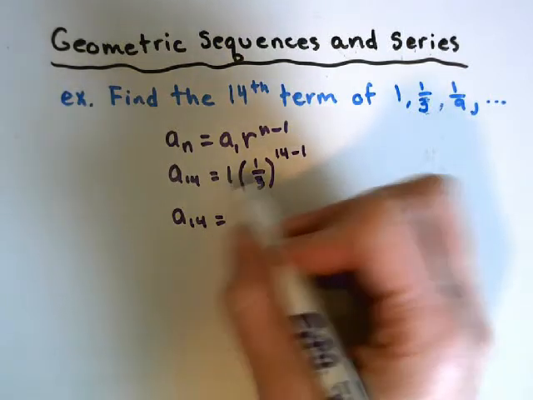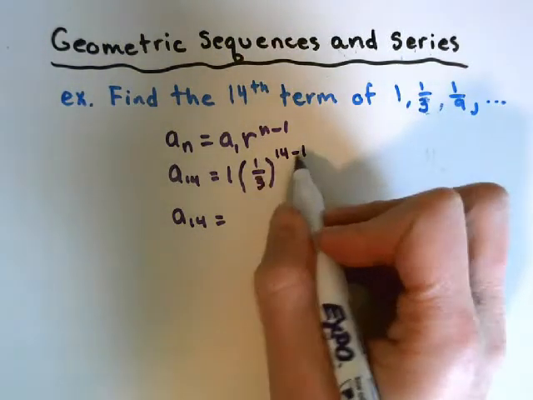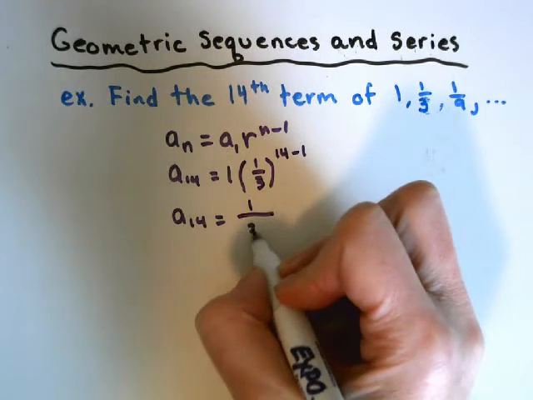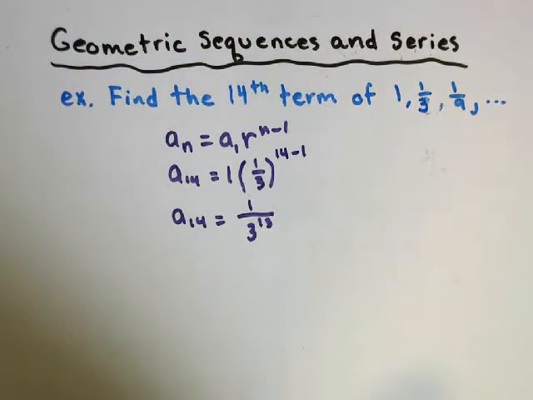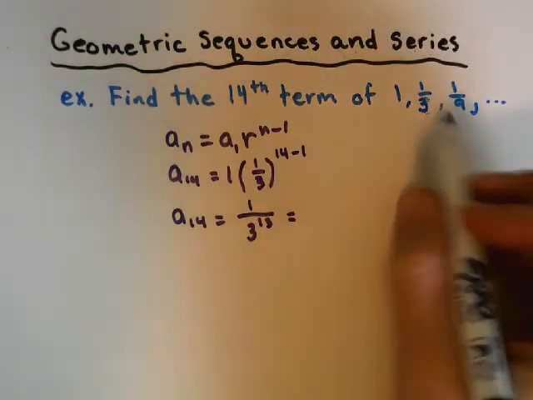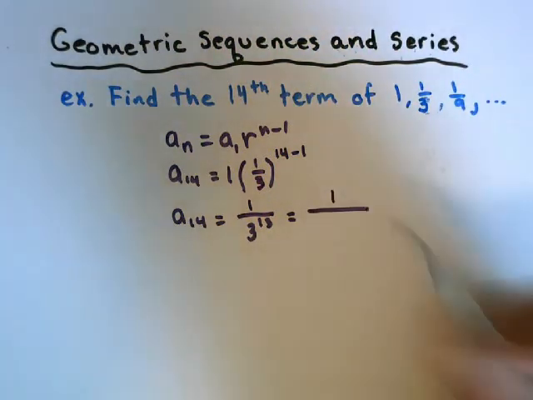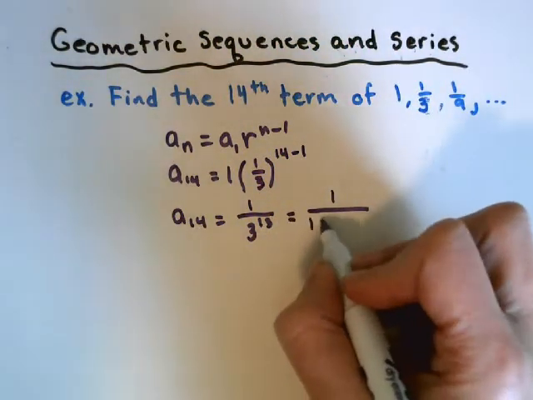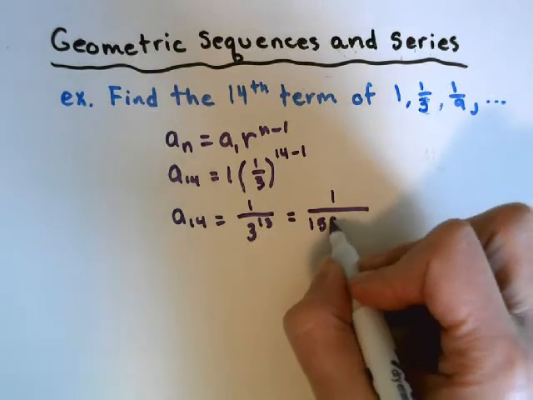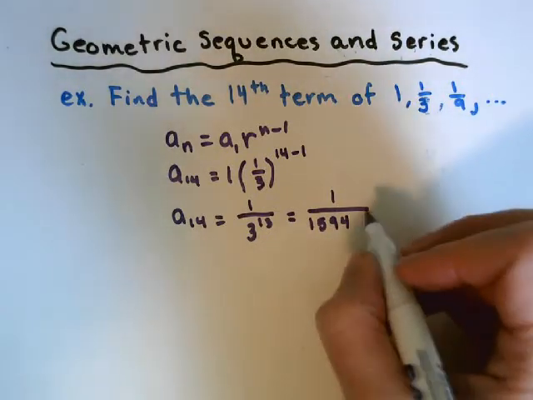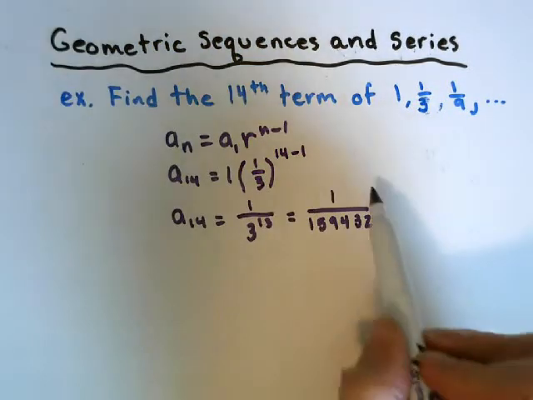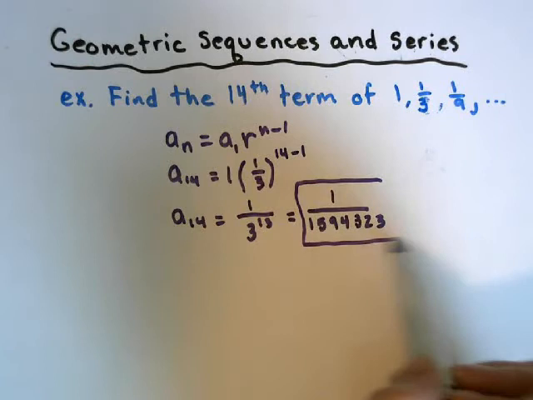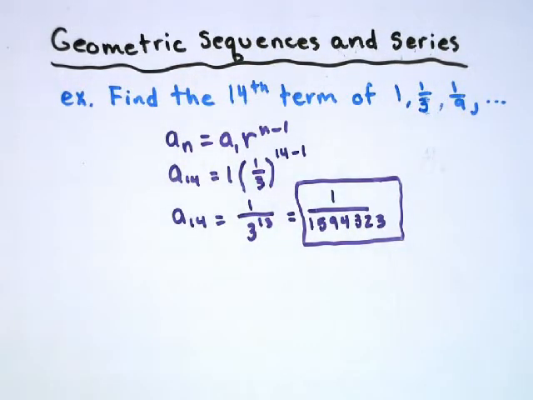So that's going to be 1 times 1 to the 13th over 3 to the 13th. I'm going to go ahead and rewrite it like that, because if I do 1/3 to the 13th, I'm going to get a really small decimal, but we'd like it to look like our fractions here. So if I do 3 to the 13th, we get that big number, but that is our 14th term. If we keep multiplying by 1/3, that's what we end up with.